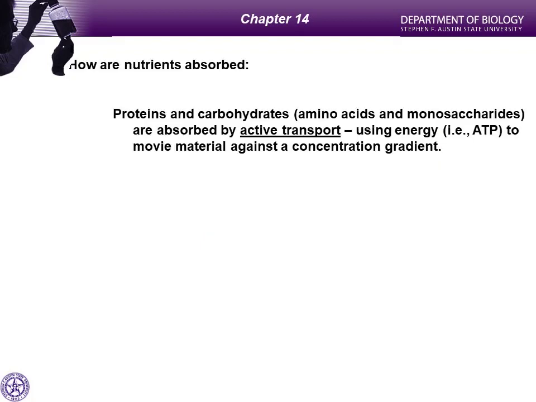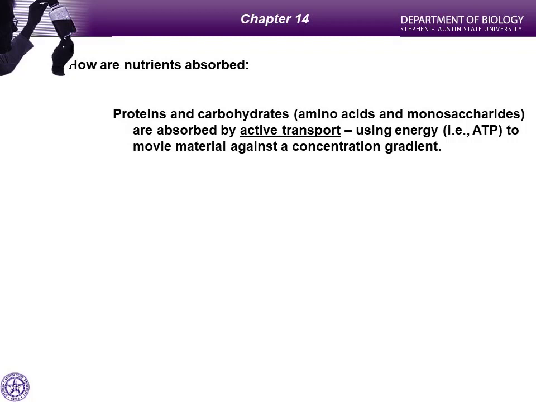Now, we talk about nutrient absorption. Where is this largely happening? Small or large intestine? Small intestine. And the way we absorb things like proteins and carbohydrates, so we're talking about amino acids and monosaccharides, we have to use transport proteins in the cell surface of our intestinal absorptive cells, and we're transporting them by active transport.